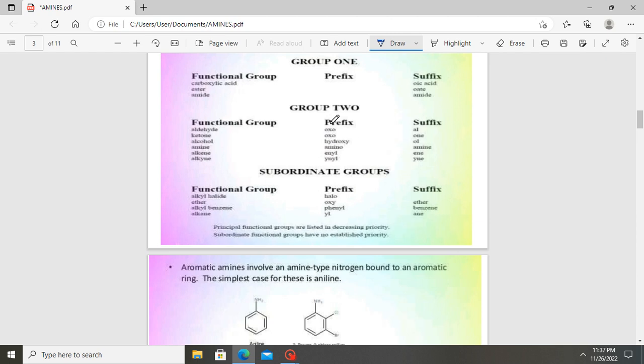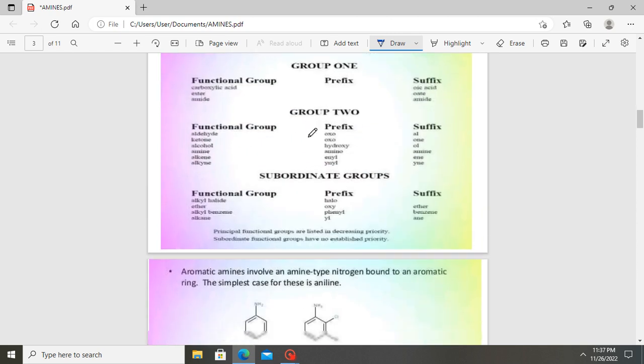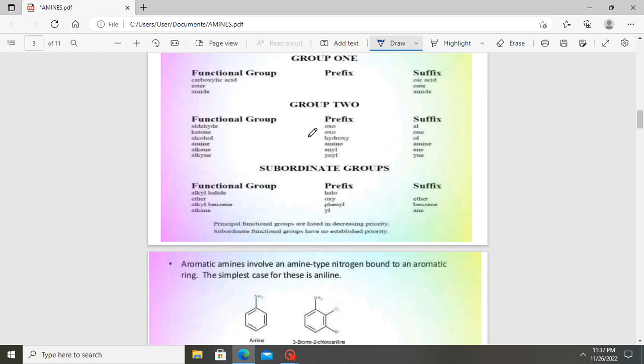If an aldehyde occurs in an organic compound, the prefix is oxo and the suffix is al. So aldehydes are also called alkanals. Ketones are also called alkanones. We can have alcohols, you can have amines, and the rest. So this is how they are arranged in order of priority.